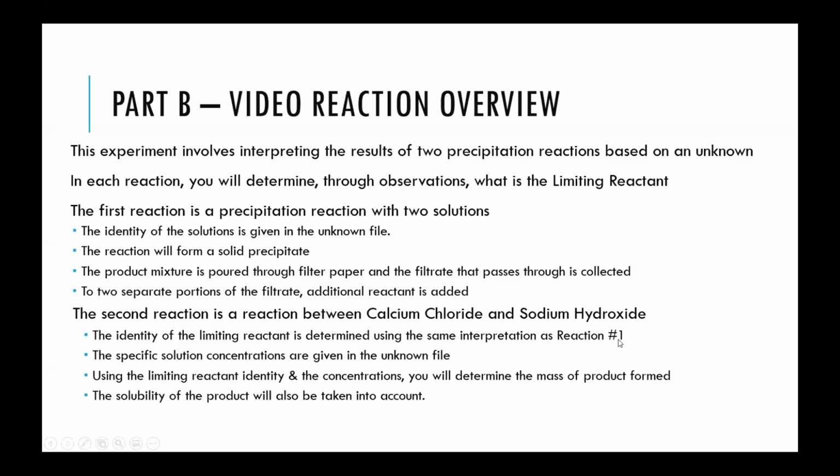What is the theoretical mass? And finally, what is the actual mass of solid that's caught on the filter paper that was floating around in the solution, and making sure to take into account the solubility of the different components or of the different products.